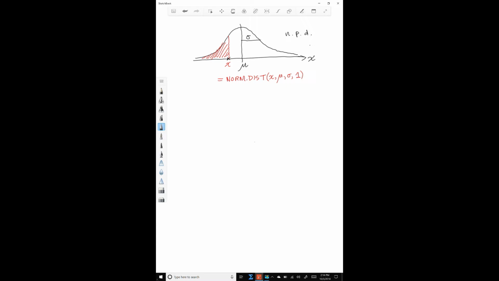Now we've already seen that the right end of a .DIST function in Excel can either be 0 or 1. If it's 0, then you're talking about the point probability. The point probability in this picture would be the height of this line here. That height is the point probability, and that's what you would get if you put a 0 at the right end.